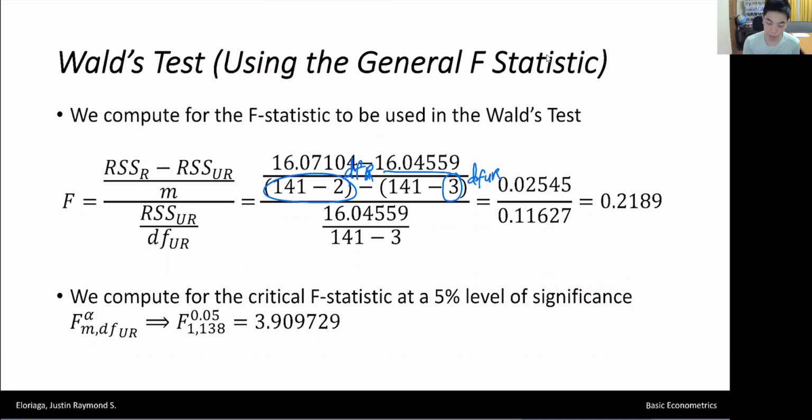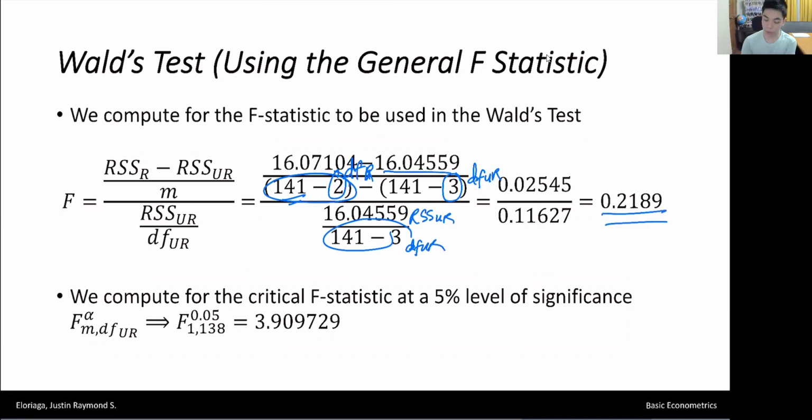In your restricted model, you just had 2, beta naught and beta 1, because we set beta 2 equal to 0. 141 is the total number of observations you have in each. Then you copy again the RSSUR, and this is the same as your DFUR. And you'll get some value of your F statistic.